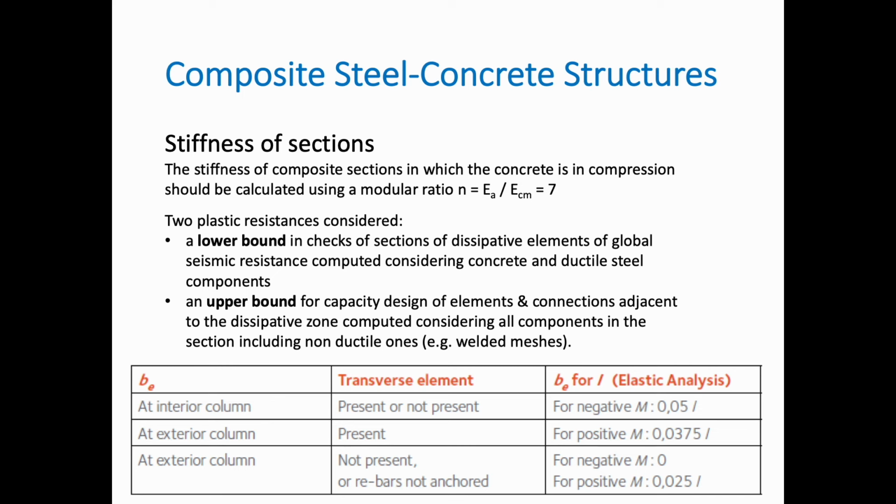And the other one, the upper bound, is the one that looks at all the components, including those in the vicinity near the ductile zone, so including the welding, for instance. And don't forget that we are doing the analysis for both positive and negative moments. So we have to follow the recommendation, as you can see in the table below, when we do these calculations.